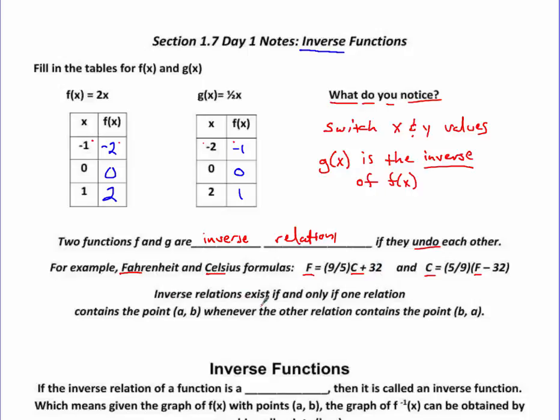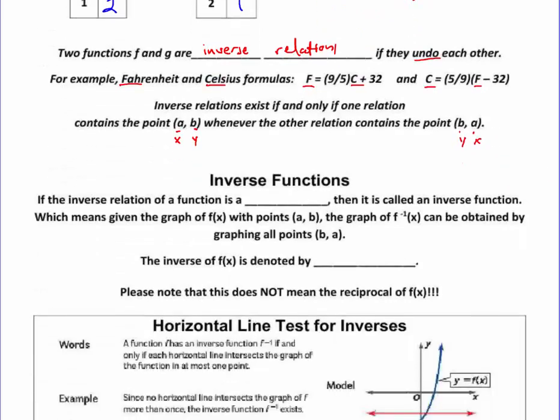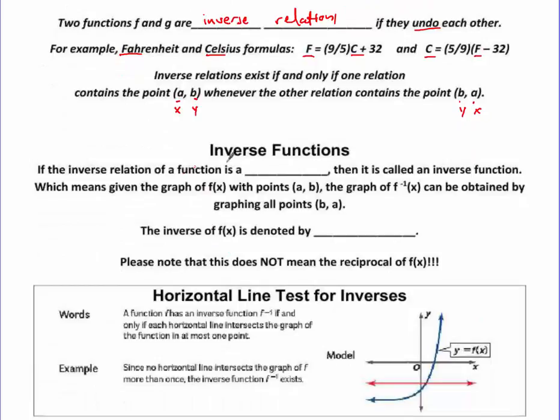An inverse relation exists if and only if one relation contains point (a, b) and the other relation contains the point (b, a). So again, we see that the x value and the y value just get switched in an inverse. If the inverse relation of a function is a function, it's called an inverse function.